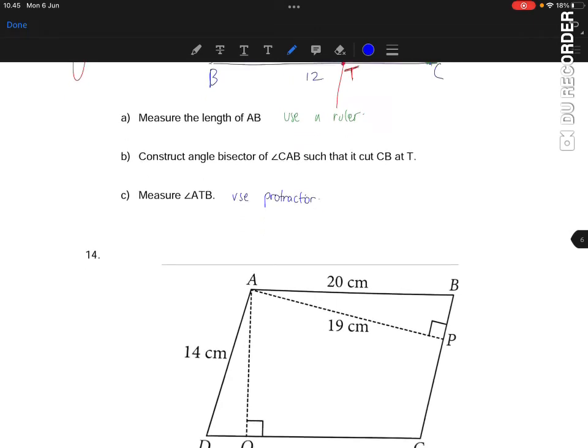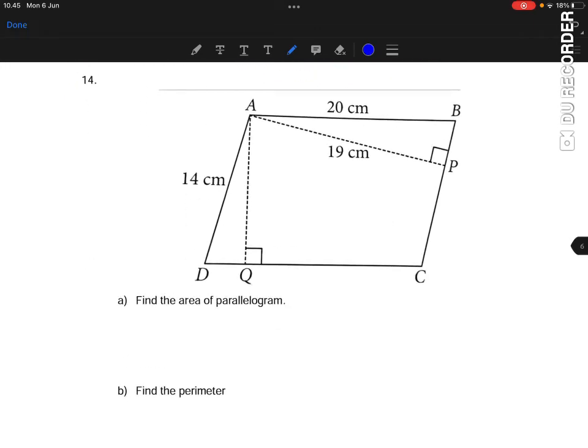Move on to number 14. We need to find the area of the parallelogram. In a parallelogram, the area formula is base times height. The base and height are always perpendicular to each other. We will have DC and AQ as base and height, but AQ here is still unknown.